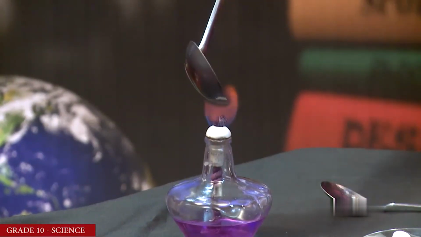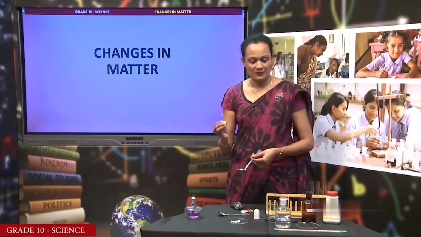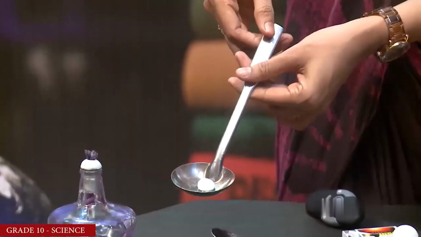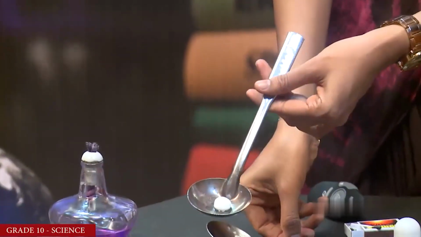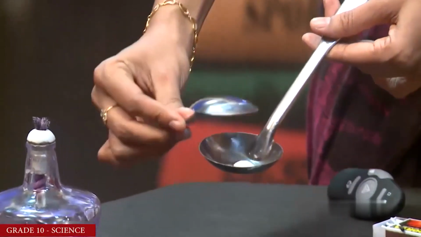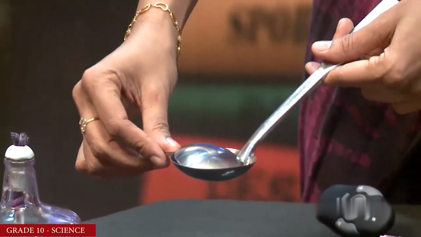Okay, now I think it is enough. Now I am taking solid naphthalene and I am going to keep it on the spoon. Now look at that. What happened? The naphthalene ball started melting. Then I cover it with another metal spoon.